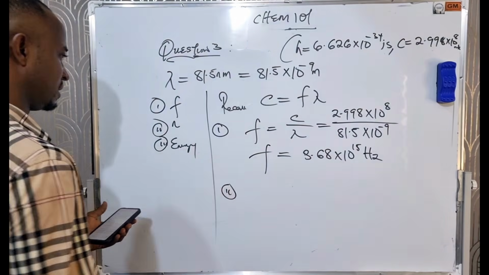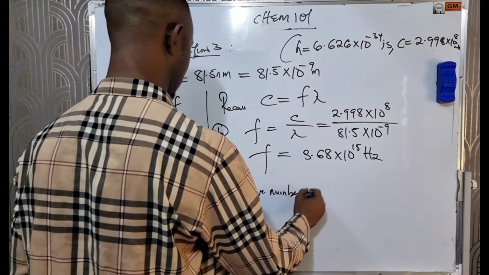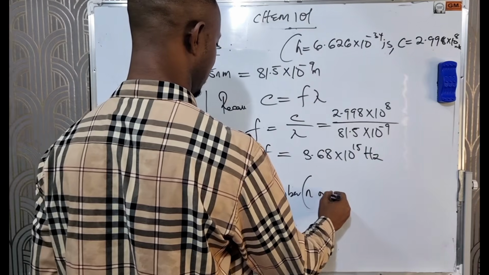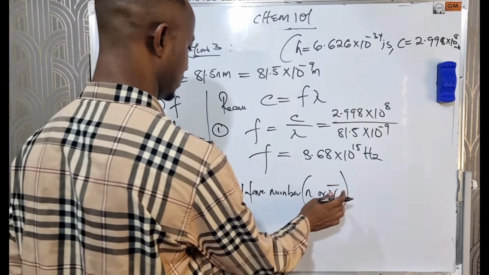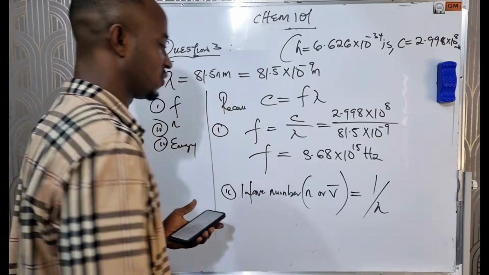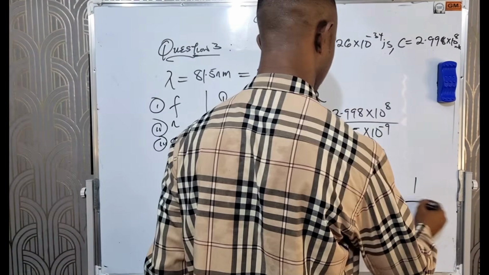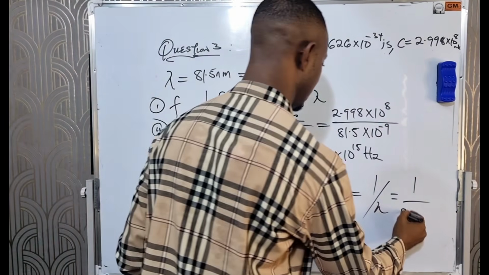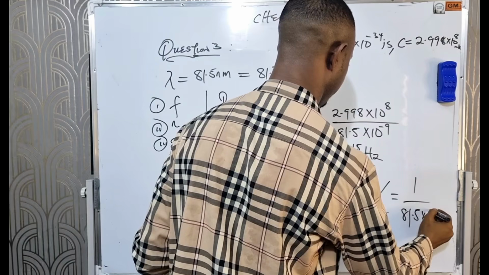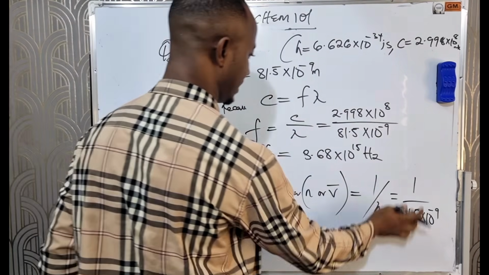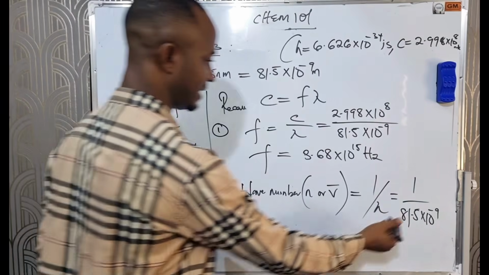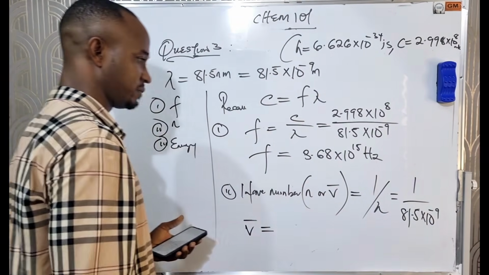Number 2 says find the wave number. In some textbooks they use this symbol to represent wave number. Wave number means 1 over lambda. So that means 1 divided by 81.5 times 10 to the power of minus 9. Divide 1 by 81.5, and I have to move the minus 9 up, and it becomes plus.